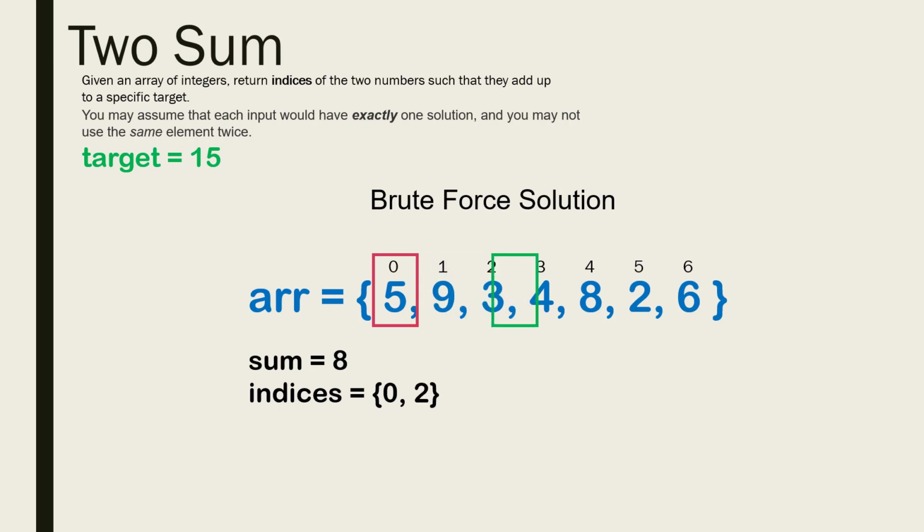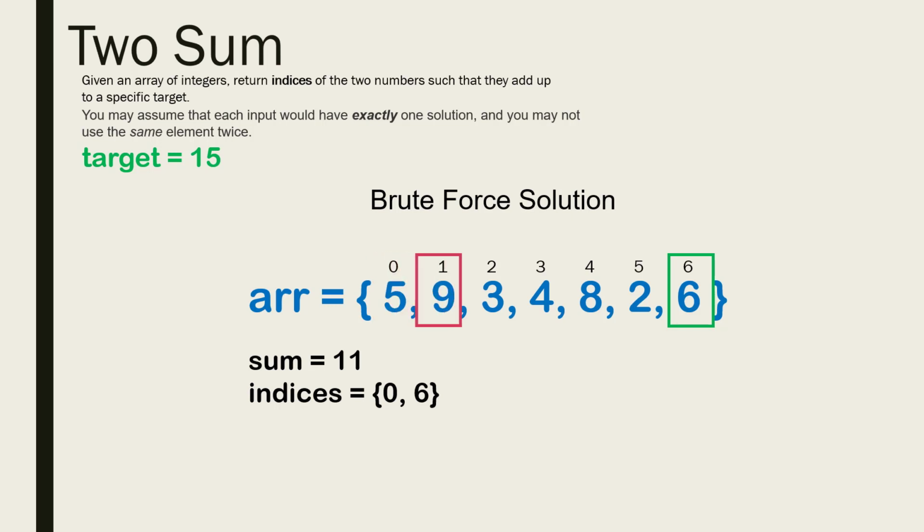And then the next one has the sum of 9. And 5 and 8 has a sum of 13. 5 and 2 has a sum of 7. And 5 and 6 has a sum of 11. Since we have gone through all the values of the array, we are going to move the slow cursor onto the next one.